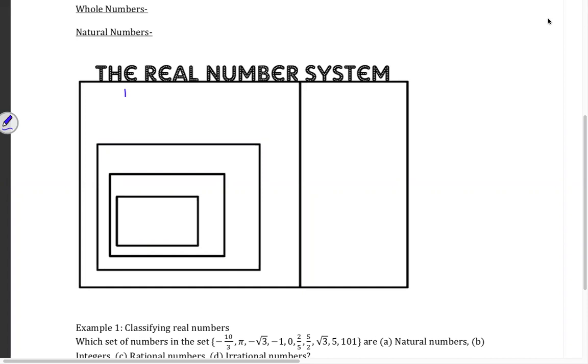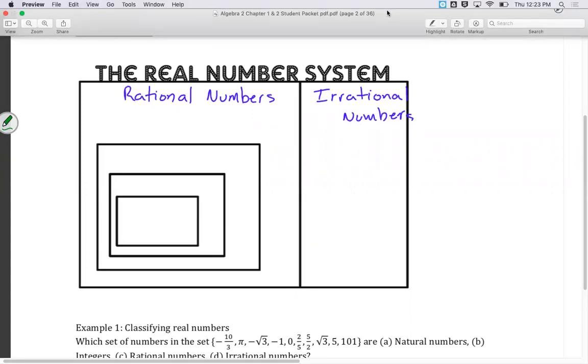This is going to be rational numbers, and on this side, it's irrational numbers. So all of those examples I gave you of rational numbers could go in that box. And since I did that up top, I'm not going to do it down here.